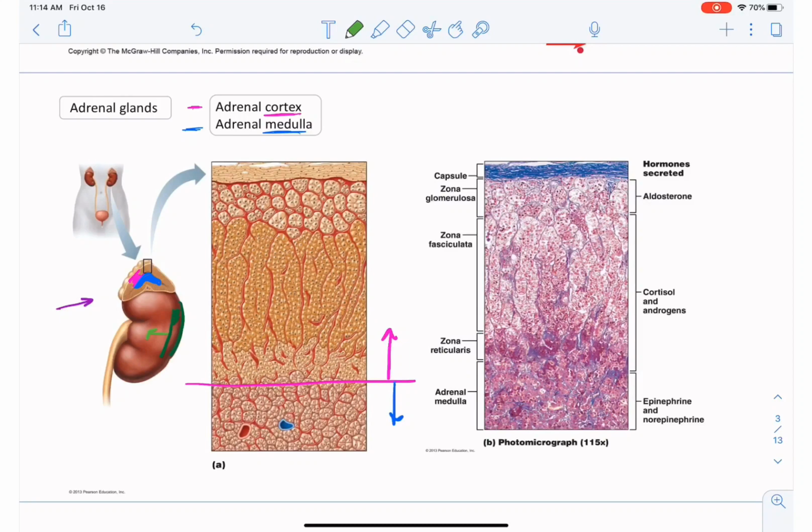Again, they're just generic terms to describe the outer layer of the organ and the inner layer of the organ. Where's another place in the body that you see the term cortex? What about up in the brain? The outer layer of the brain is called the cerebral cortex. Okay, that's where our thinking happens. That's where our conscious thinking happens.